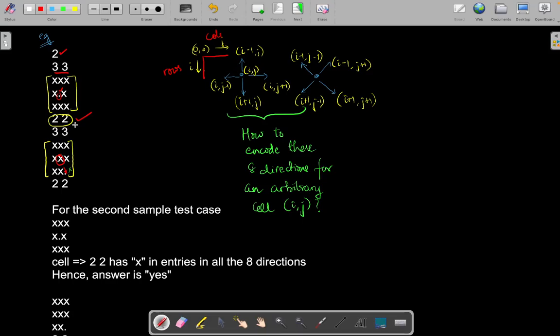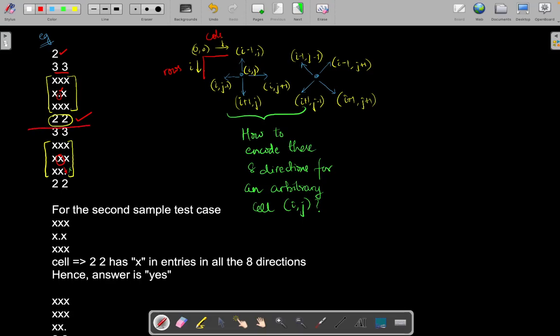And for the given coordinate, we need to answer whether all the eight neighbors of this particular cell are x or not, right? So that's the problem statement.